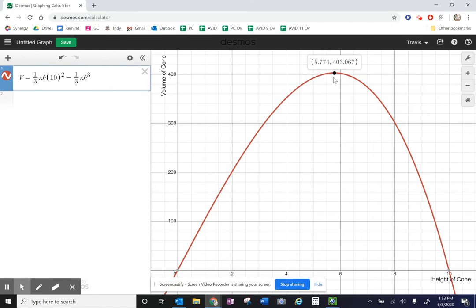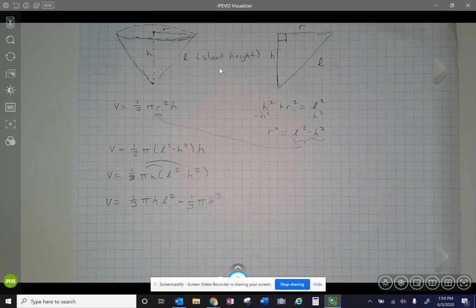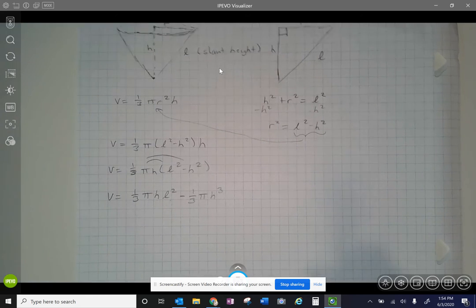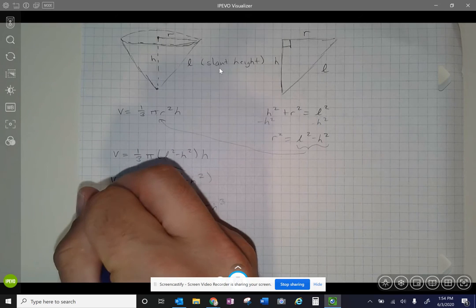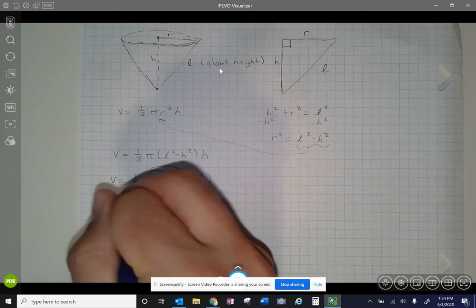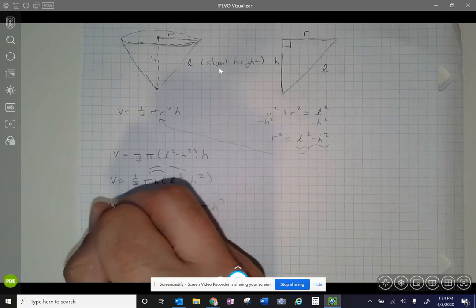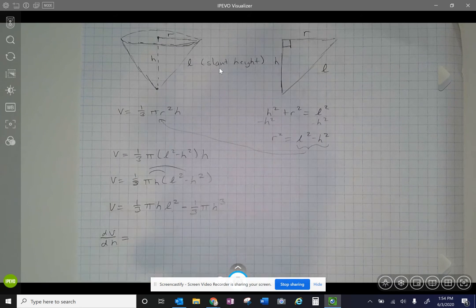Now, this only represents when the slant height is 10. Our job is to find out what the maximum is when we don't know the slant height. So now we're getting into what's called a derivative. This part may not make sense to you, but we are going to take the derivative with respect to the height.